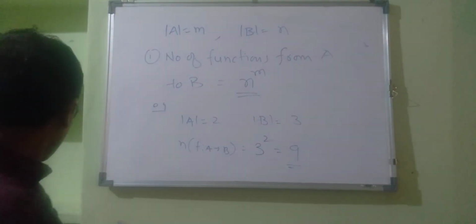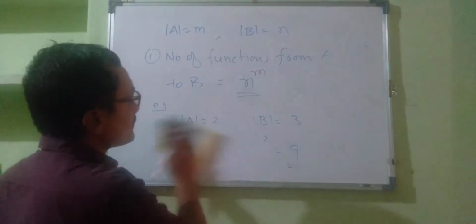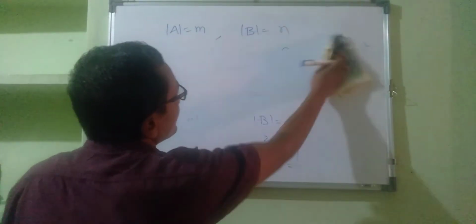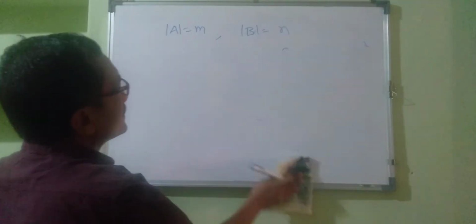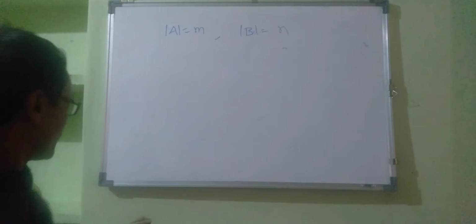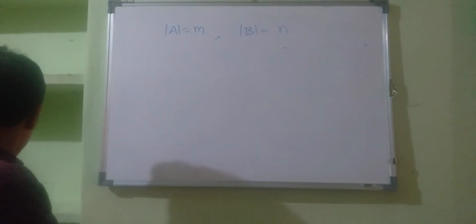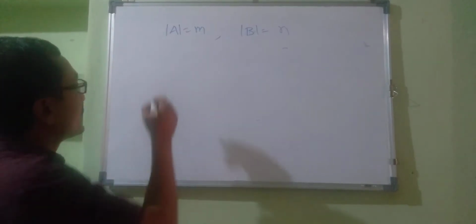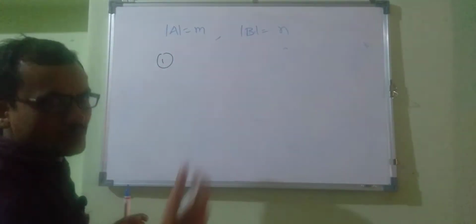Now the second thing we have to see here is the number of 1-1 functions. Suppose again the number of elements in A is m and the number of elements in B is n. 1-1 functions are one type of function.